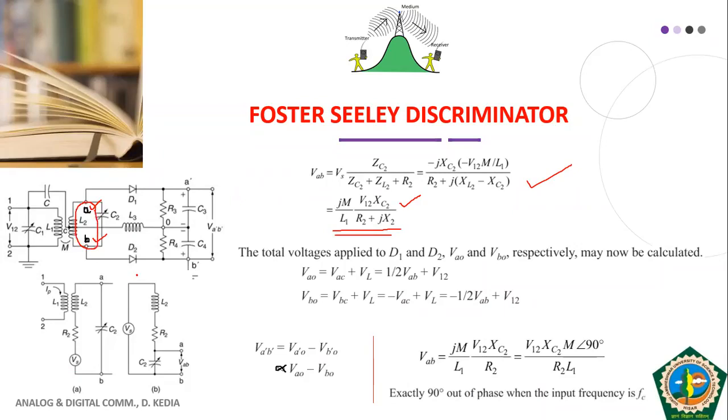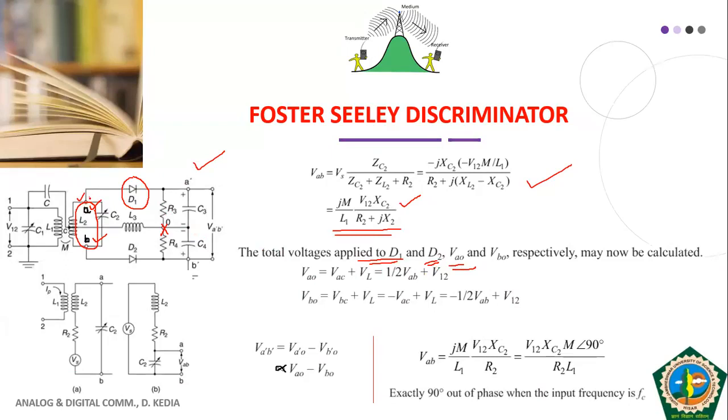Now what we want to find out are the voltages applied to D1 and D2. If you look at this circuit carefully, how much is the voltage applied across D1? D1 is connected here, and through this resistance up to this part, the voltage across D1 is your VAO.